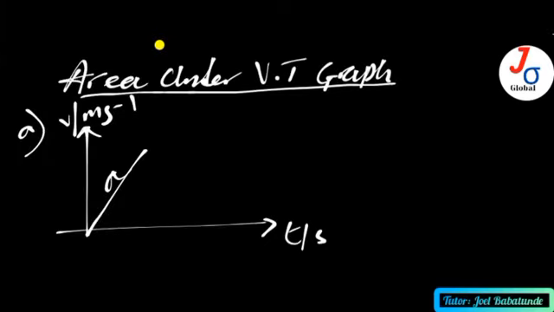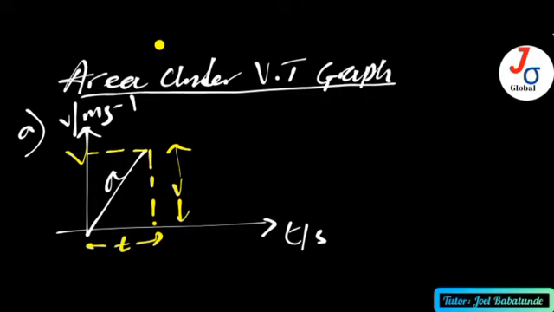Alright, so it attains a particular velocity, let's say v, at a particular time, t. So from here to here is the t. Then this is the v from here to here.